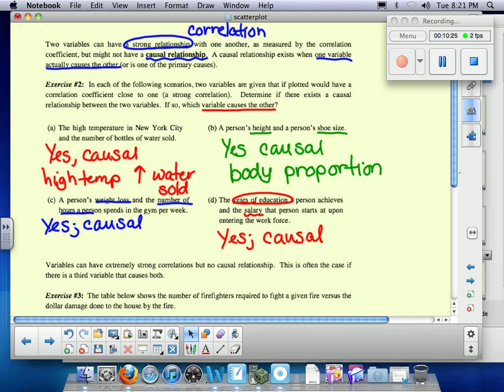It is possible to have a strong correlation but no causal relationship. Sometimes there is another variable that could play a role there.